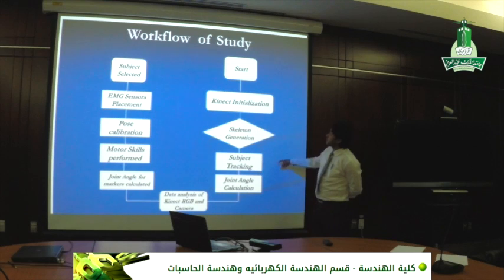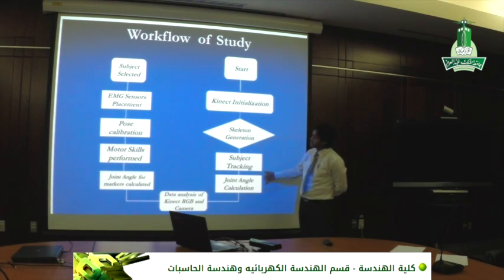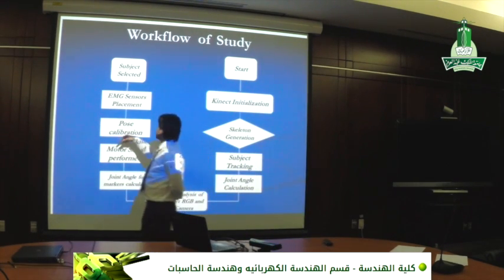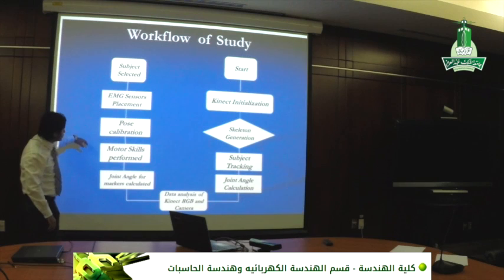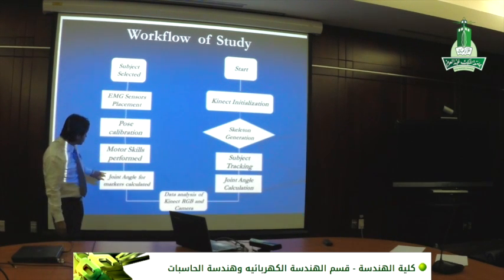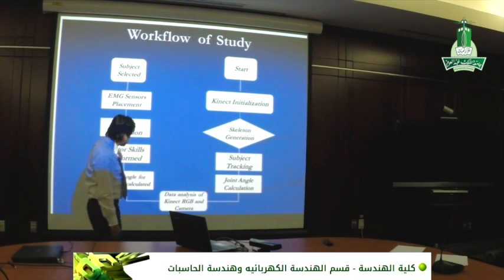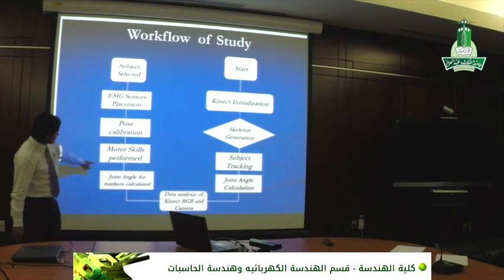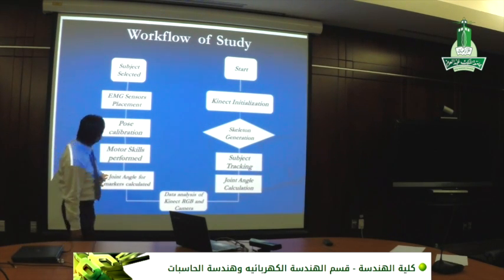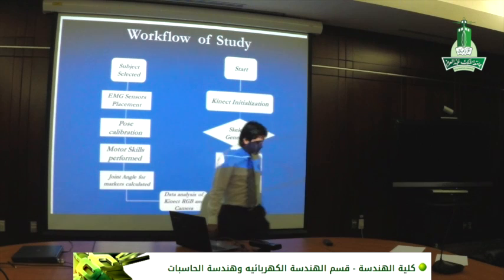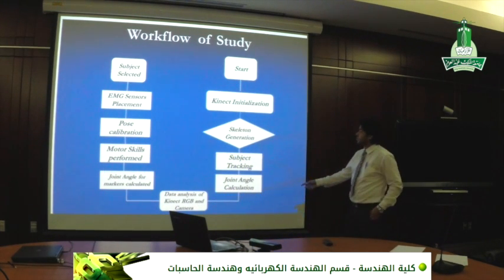The workflow of the study for the Kinect was similar to the previous studies. The subject was selected and EMG sensors were placed, then after calibration, motor skills were performed. The data derived from this is the important feature here. The joint angles for the markers and joint angles calculated from these data were analyzed together.